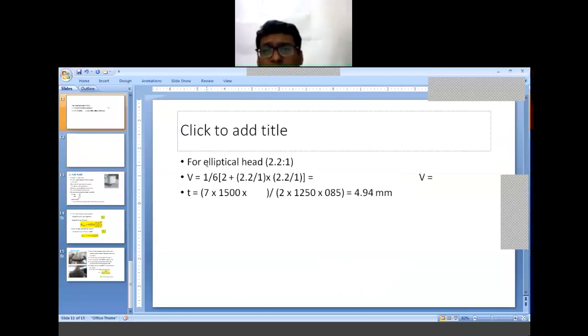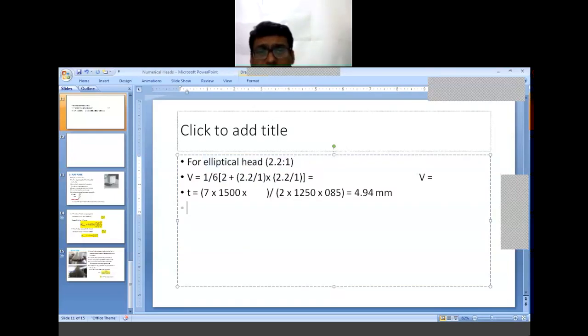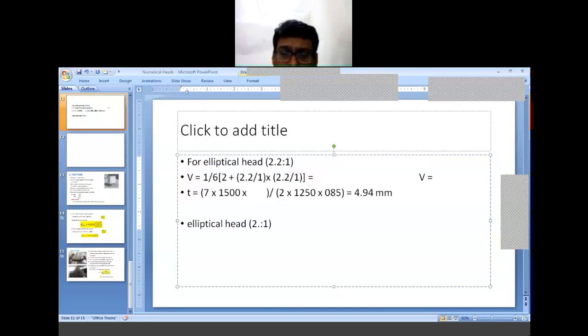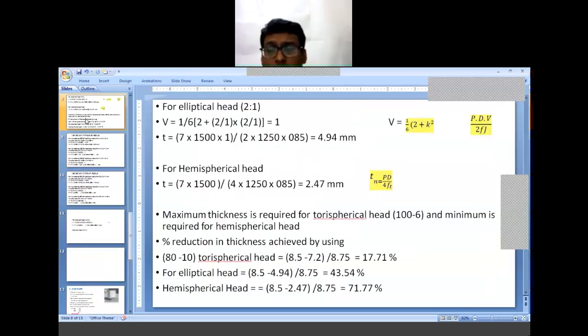For the elliptical head 2.2:1, I can calculate the value of V, the stress intensity factor, and similarly for the elliptical head 2.6:1, I can calculate the value of V and then calculate the value of thickness. So these are the numericals for your assignment.